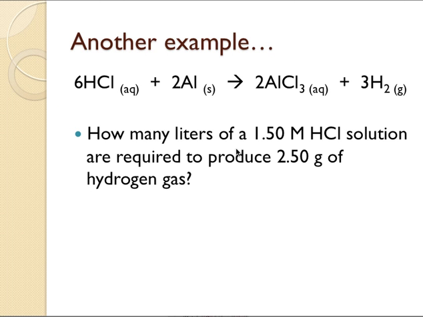Okay, so let's look at another example. Using the same equation, question is, how many liters of a 1.5 molar hydrochloric solution are required to produce 2.50 grams of hydrogen gas? Okay. So really, if you think about this problem, it wants to know how many liters of this concentrated solution.